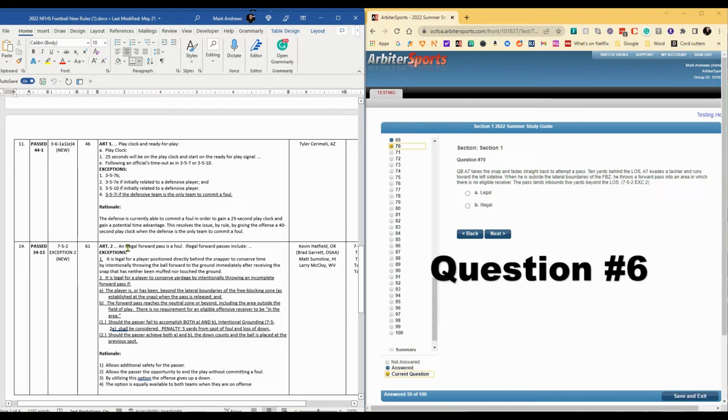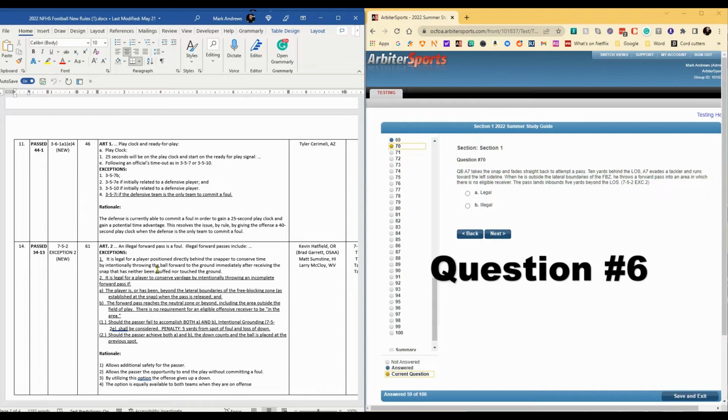I don't want to read this whole thing to you, and I would really rather it be in the rule book. But basically, as long as the quarterback is outside of the tackle box, let's just call it the free blocking zone, and he throws the ball away, it's not an intentional grounding. And it has to go beyond the line of scrimmage, I believe.